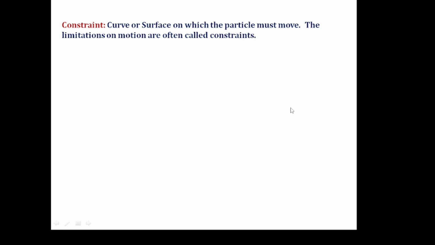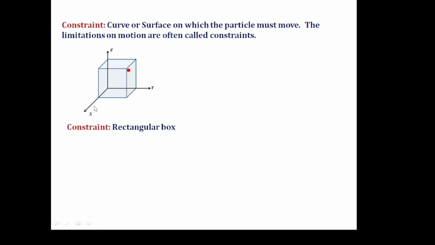Now we will discuss what is constraint. Previously we discussed what is constraint motion. Now we will discuss what is constraint. A constraint is the surface or curve on which the particle must move. That means the limitations on motion are often called constraints. Suppose in the first case, the constraint is the rectangular box.